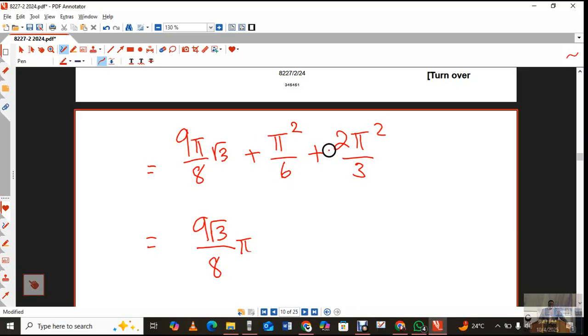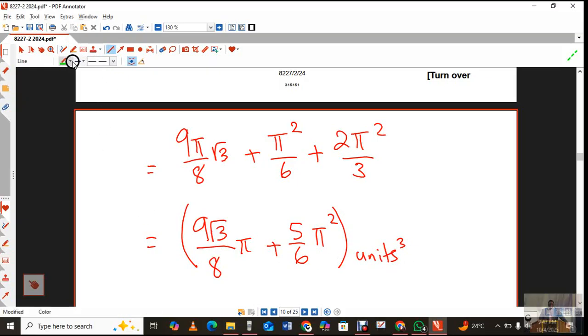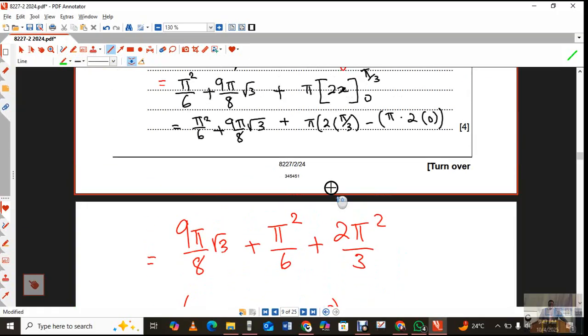If you add 1 over 6 plus 2 over 3, that will give you 5 over 6 pi square units cubed. That is the volume, the exact volume.